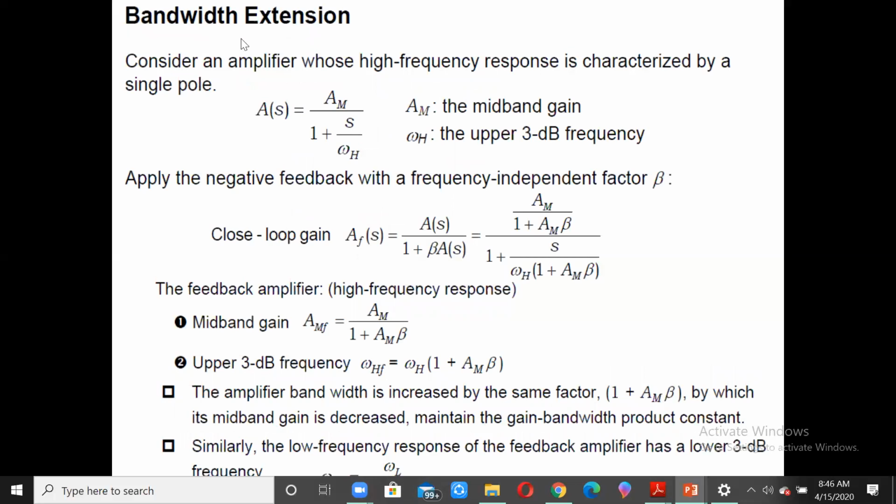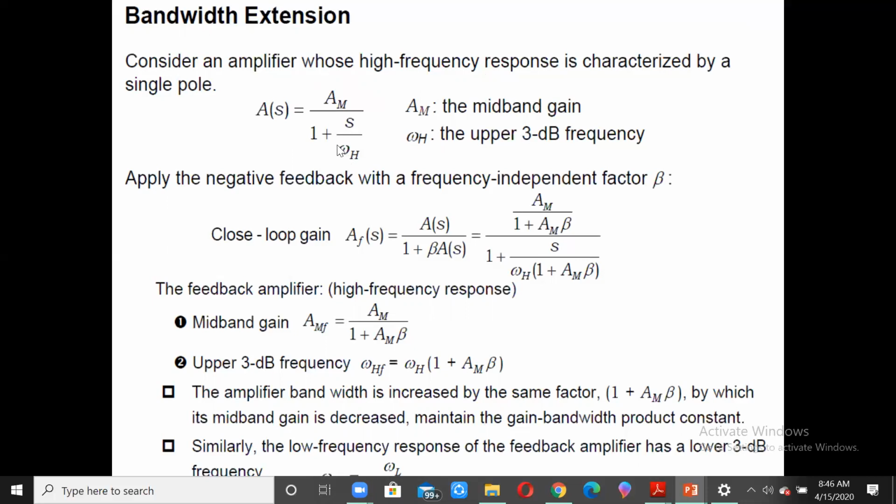Then we also see that the feedback provides us the bandwidth extension. Consider an amplifier whose high frequency response is characterized by a single pole. Here, this is the upper 3 dB cutoff frequency.